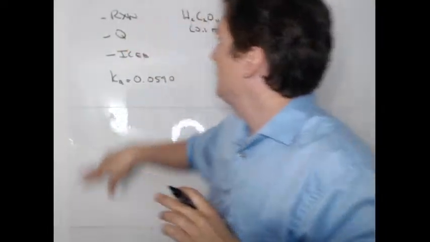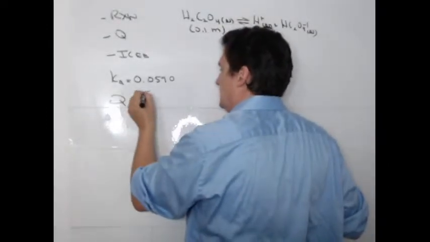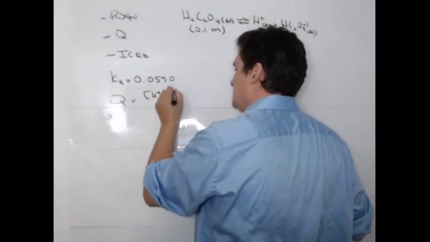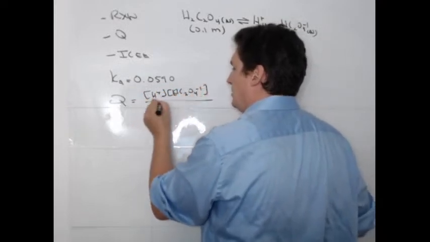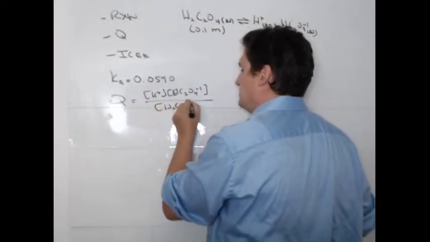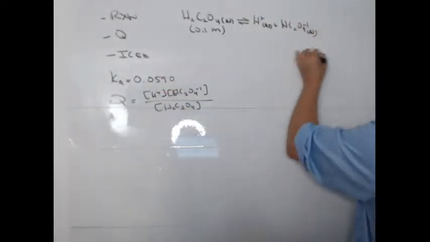So you've got the first thing, you've got the reaction, and we need our expression for Q. So Q here is H+ times HC2O4-1 all over H2C2O4. The last component we need is the ICE table.